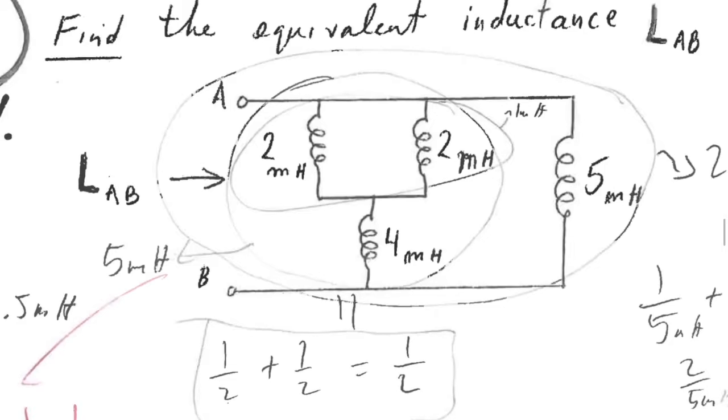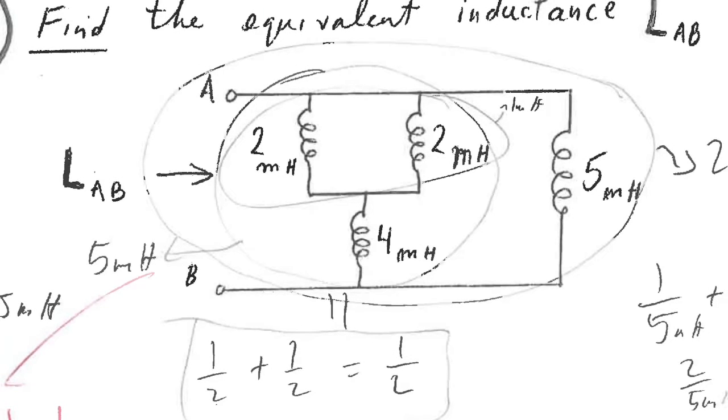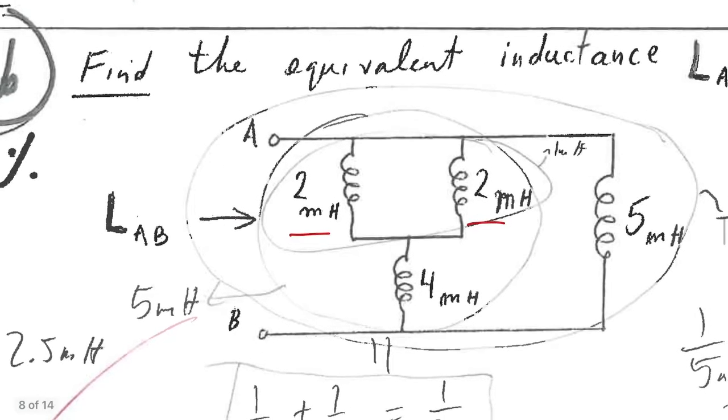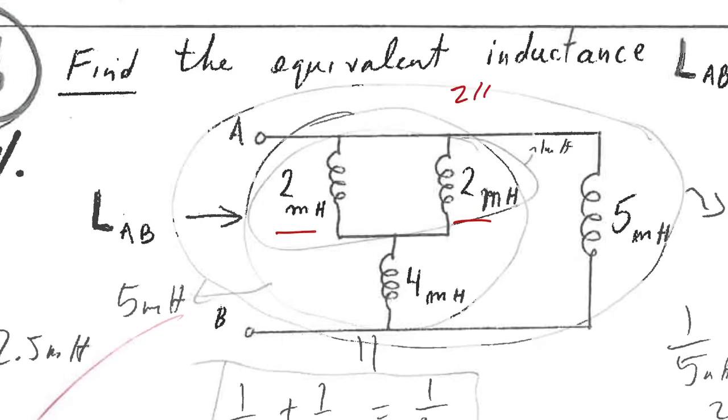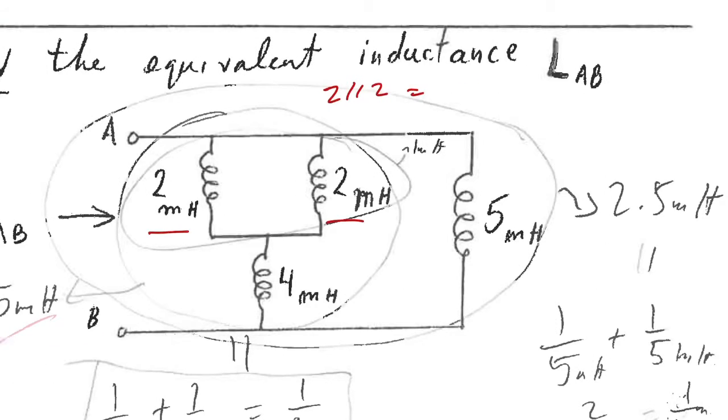But anywho, so finding the inductance, you have a 2 here and a 2 here. So what do you do? 2 parallel 2, which is going to equal 2 times 2 over 2 plus 2, which equals 1. So now we have a 1 here. 1 plus 4 is equal to 5.